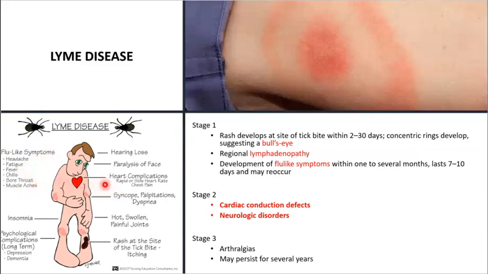We said in stage 2, you're going to see those heart complications like a rapid or slow heart rate. You see chest pain. And then we said you could see those neurologic symptoms in this client like paralysis of the face, which is already what we've covered. And then in the third stage, you can see those hot, swollen, painful joints or arthralgias.